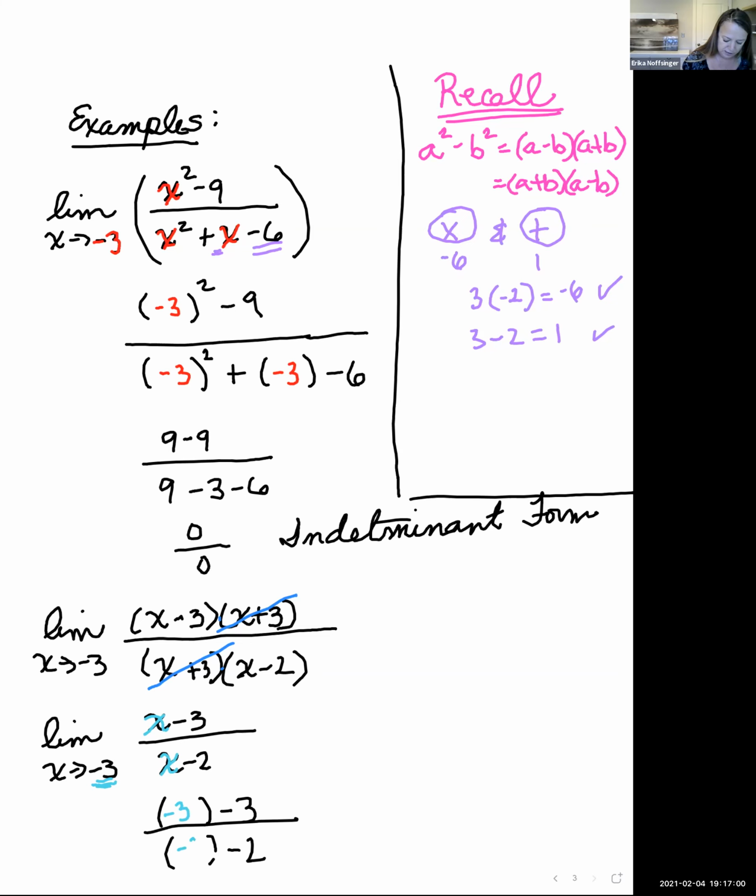Plugging in -3 wherever you saw that parentheses, and then simplify. So -3 minus 3, adding two negatives, add them together, and the result's negative. So we get -6. And -3 minus 2, both negative, add them together, they're both negative. So this is -5. And we get back 6/5. Okay, so the limit as x approaches -3, and this quotient was 6/5.